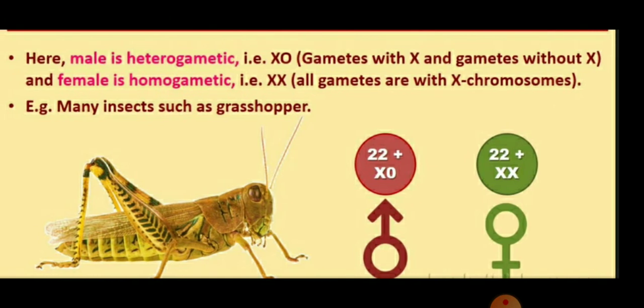So children, the male is heterogametic for XO and the female is homogametic for XX, because in XO the gametes are X and without the X chromosome. In XX, all the gametes have X chromosomes. Many insects such as the grasshopper are examples of the XO type of chromosomes, with male and female.